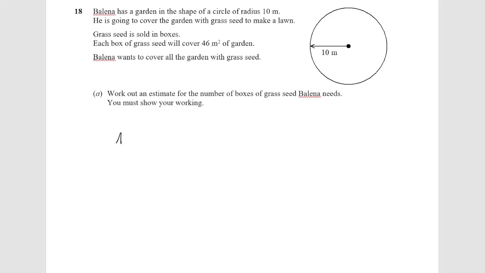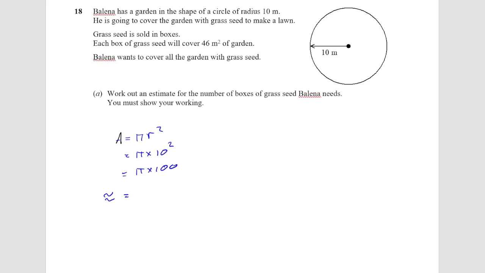So the area of a circle is equal to pi r squared, which is equal to pi times 10 squared, which is pi times 100, which is approximately equal to, let's say, 300. Pi is 3.14, so we'll say 3 to 1 decimal place.